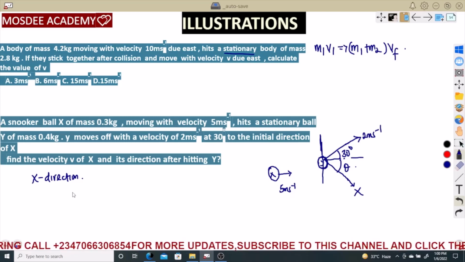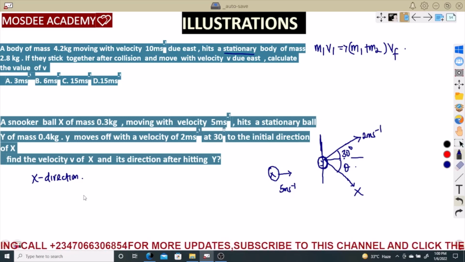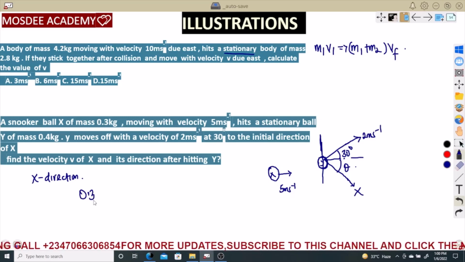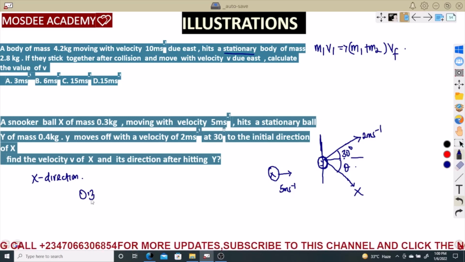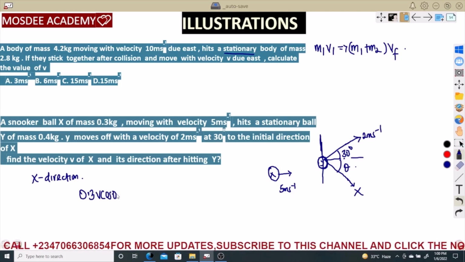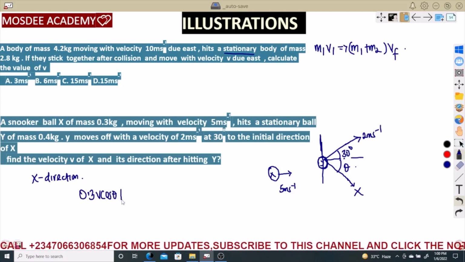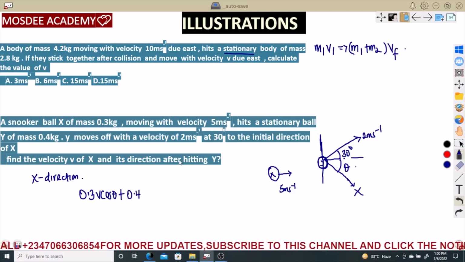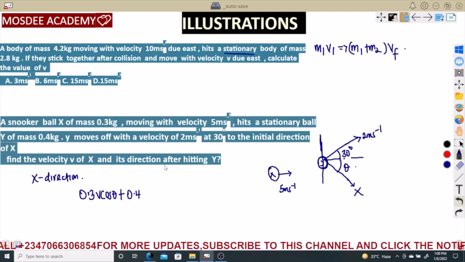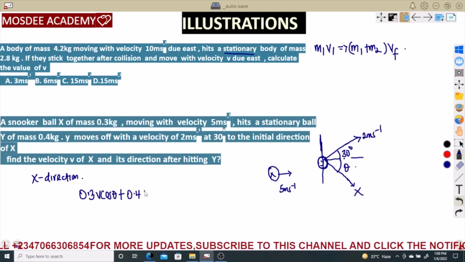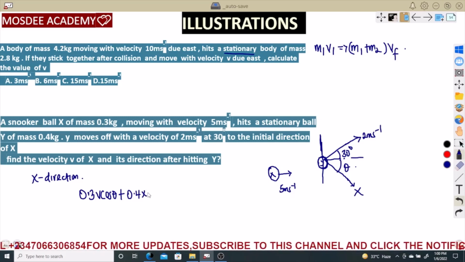So in the X direction, I can say the mass, that is 0.3, times the velocity, v cos theta, plus 0.4, that is the mass of Y, times the speed, which I think was given.